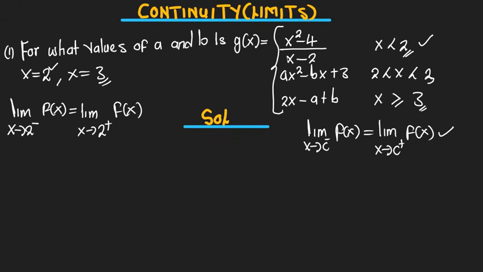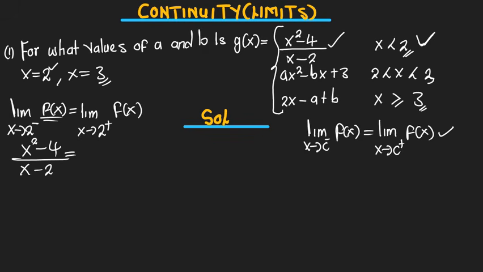That is correct. Now, in terms of 2, where exactly is x less than 2? X is less than 2 by this particular condition, so it is this equation we are going to get. We are going to put it where there is f of x. So I'm going to say x squared minus 4 over x minus 2.